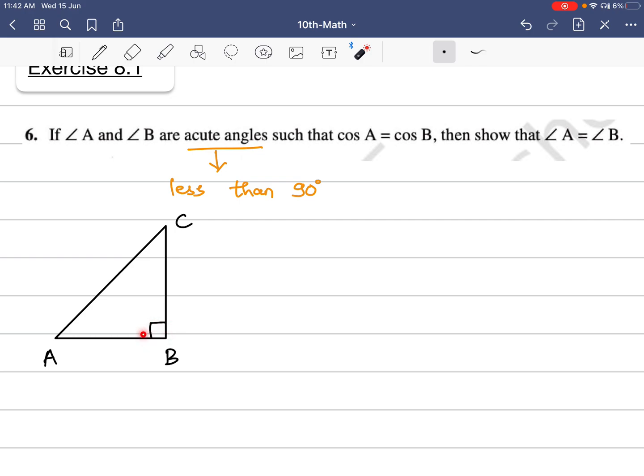Out of 180 degrees, 90 degrees is gone here. So angle A plus angle C is going to be equal to 90 degrees. So A and C both are going to be less than 90 degrees. So this triangle here is a correct representation of the given information, that angle A and angle B are acute angles.